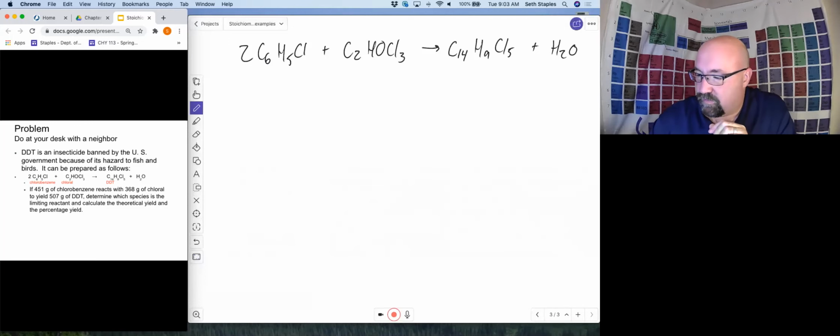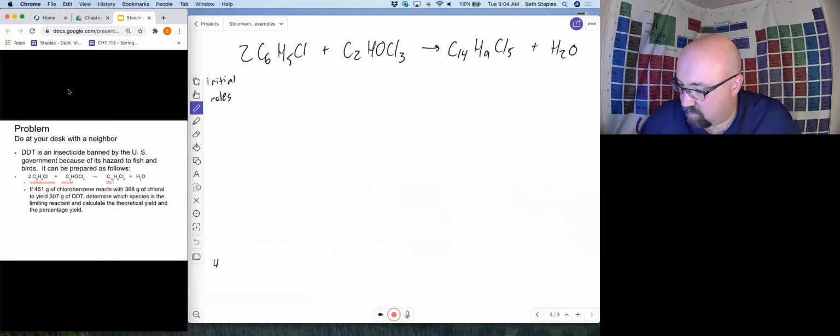And so the first thing that we're going to calculate is our initial moles. We're told that we have 451 grams of chlorobenzene. And so I'll run those calculations maybe down here. 451 grams of the chlorobenzene, the C6H5Cl. And I looked up the molar mass.